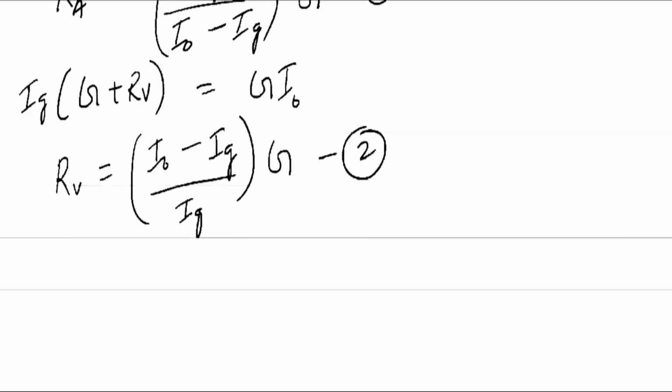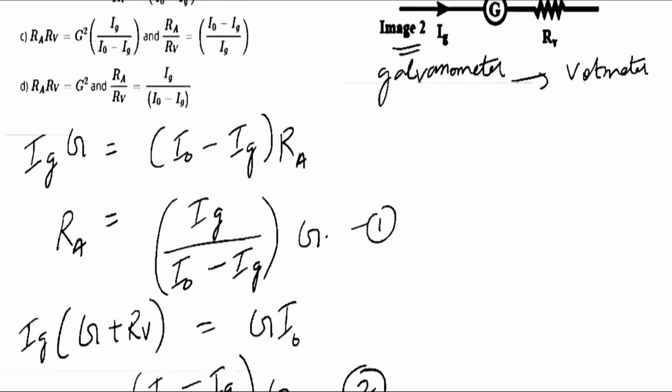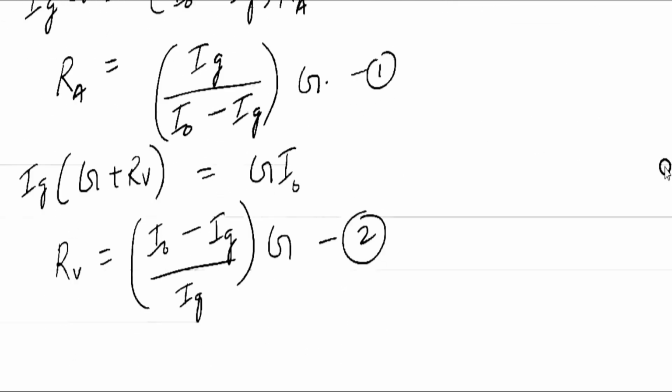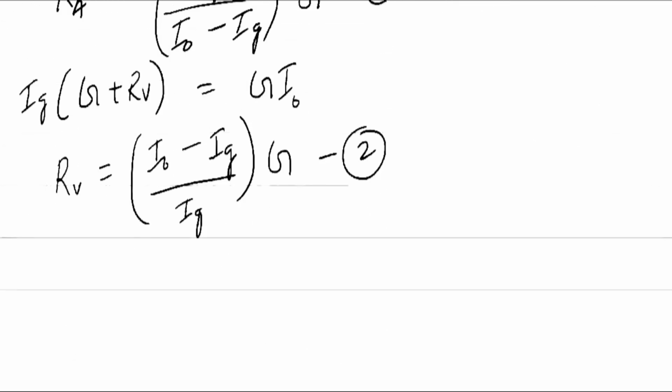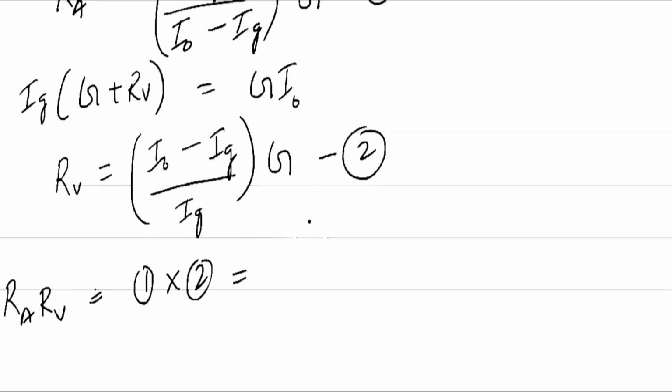So we have two equations. According to the options, we need to find out what RA RV is. So first multiply RA and RV and find out the relation. RA times RV is nothing but multiplying 1 into 2. If I multiply that, I can see that G and G are there, so you will get G square.